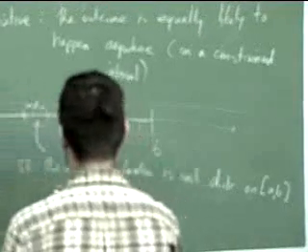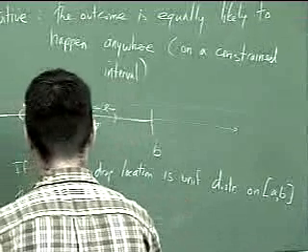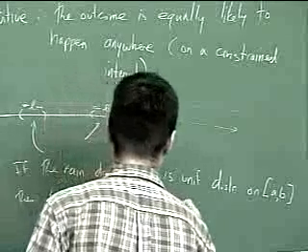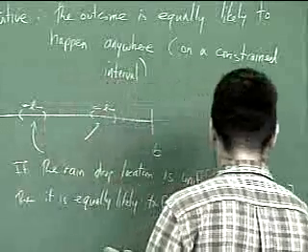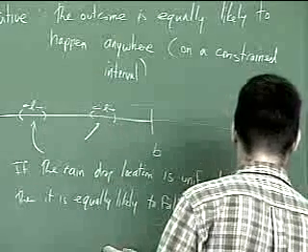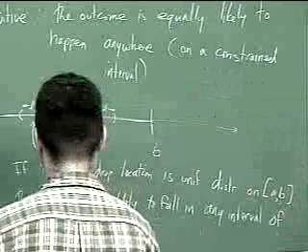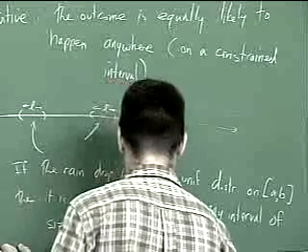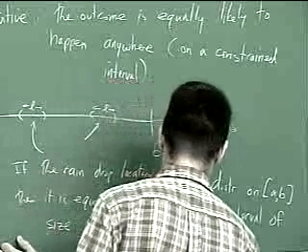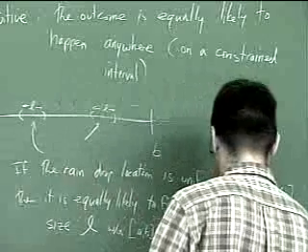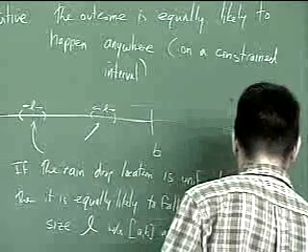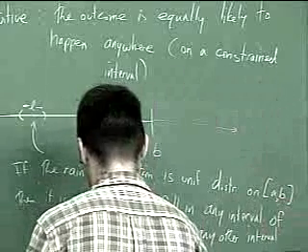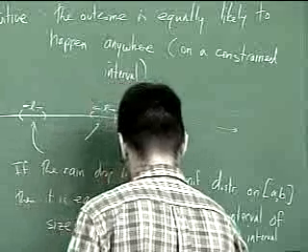If the rain location is uniformly distributed on ab, then it is equally likely to fall in any interval of size L within ab as in any other interval of size L in ab.